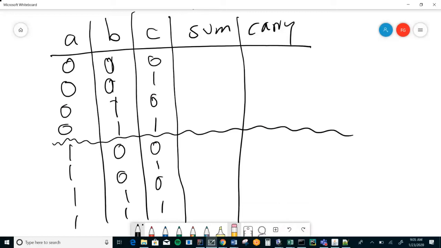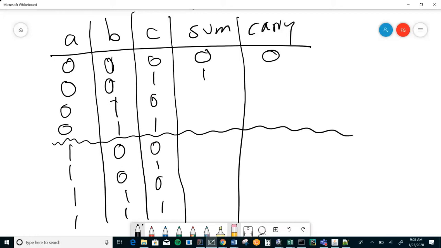So let's walk through the inputs. For each row, we're going to derive what makes sense for representing addition. 3 zeros. What's my sum? What's my carry? 0. Yeah. 0, 0, 1. What's my sum?